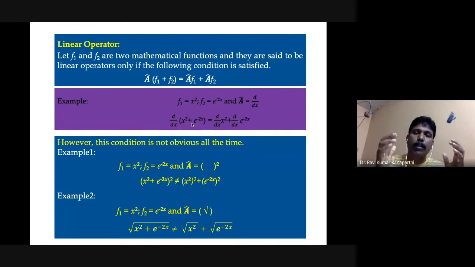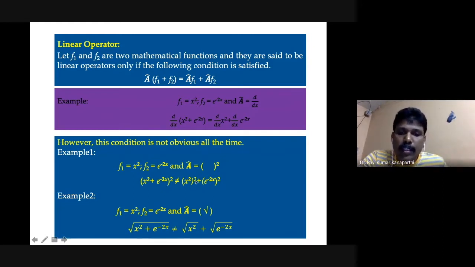Square is an operator, right? We have done this. So now you take f1 plus f2, this is the summation, and you take the square. And similarly, you take the square of the individual functions and then add them together. That is the other case, right?